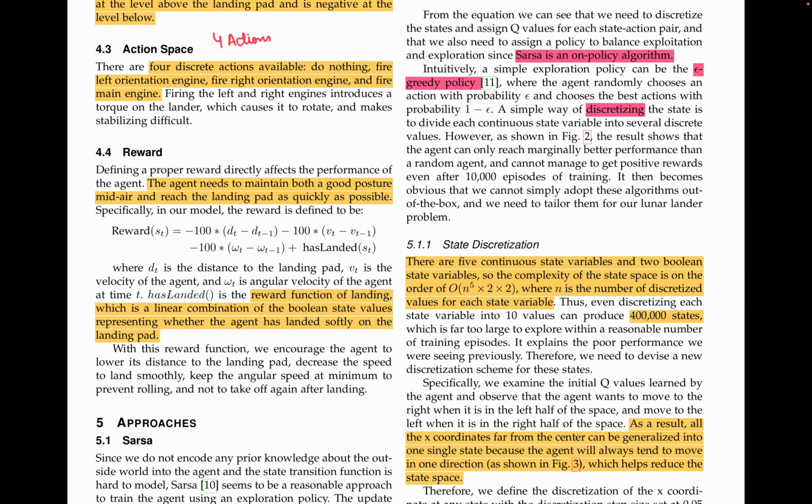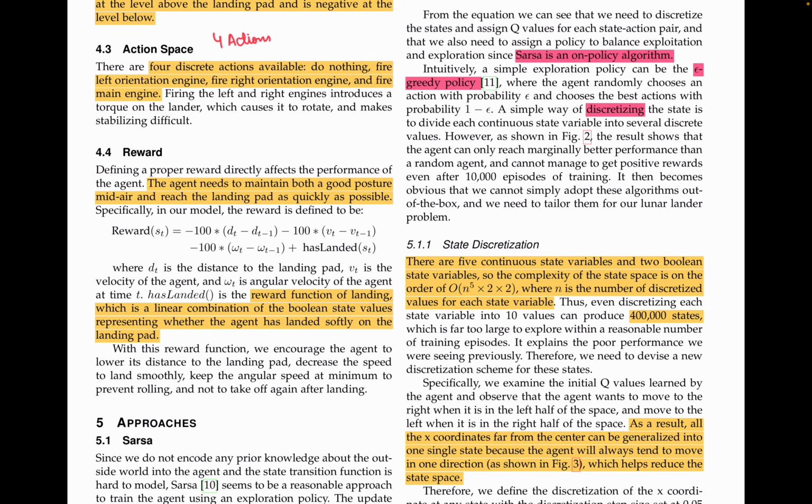With this reward function, we encourage the agent to lower its distance to the landing pad, decrease the speed to land smoothly, and keep the angular velocity to a minimum to prevent rolling and not take off again after landing. So there are a few things to keep in mind.